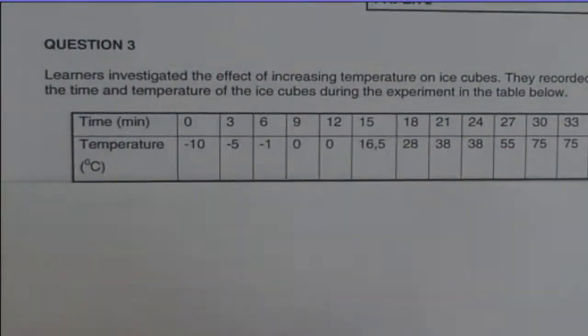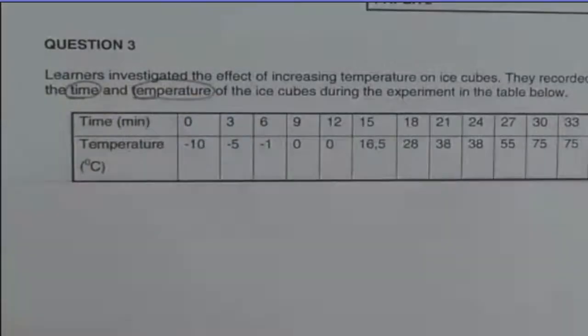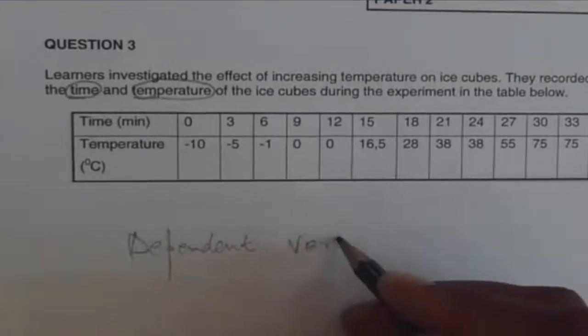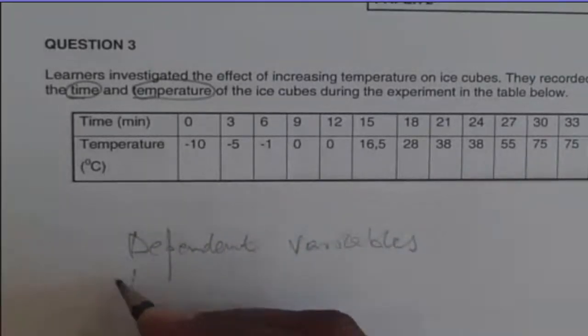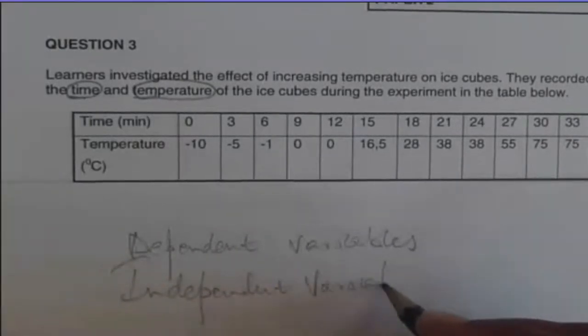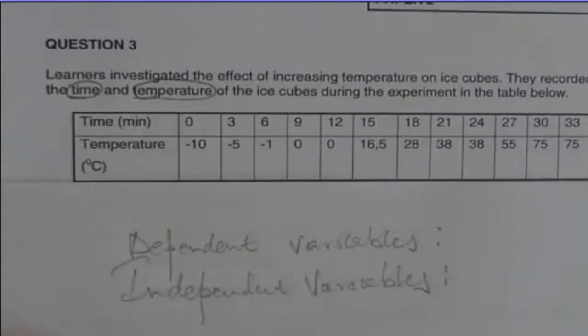Before we start, we remember we have the tools for scientific investigation. Actually, what do we want to investigate? There's a relationship between the time and the temperature. So we talk about the dependent variable and independent variable. It is very important to know the dependent and independent variable.